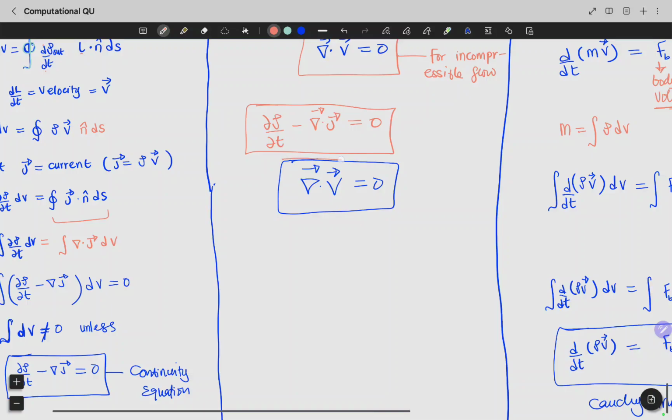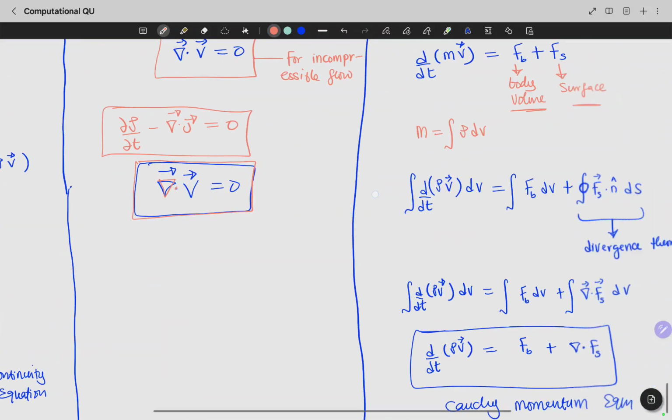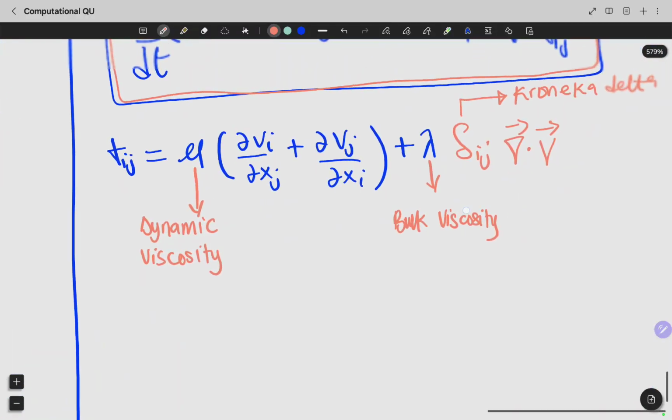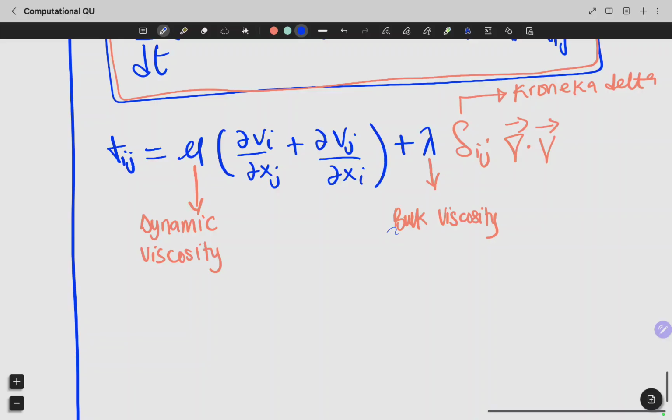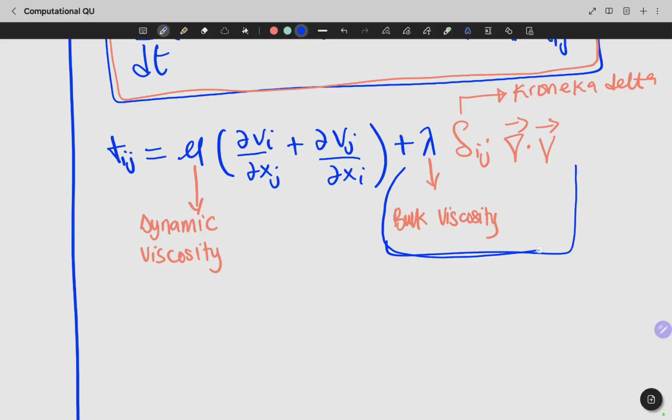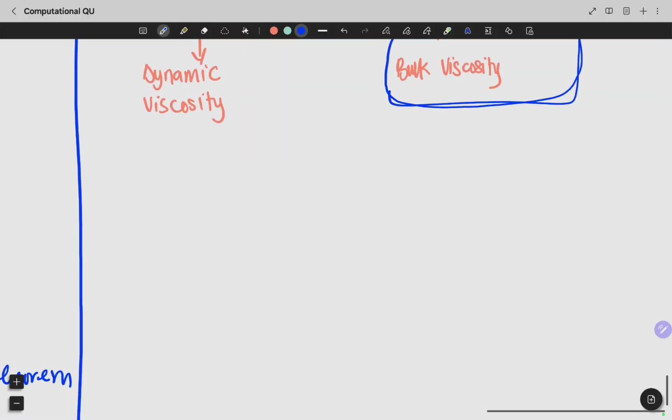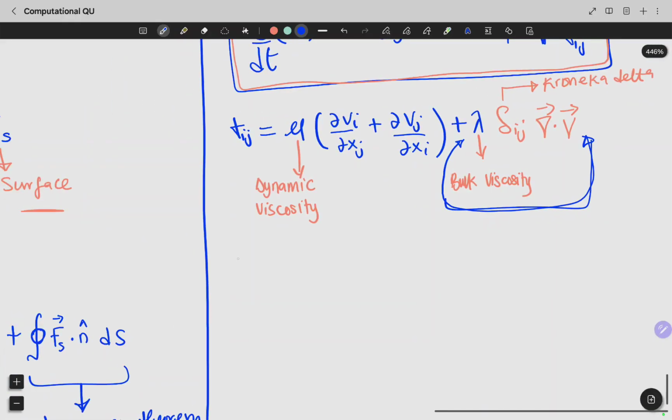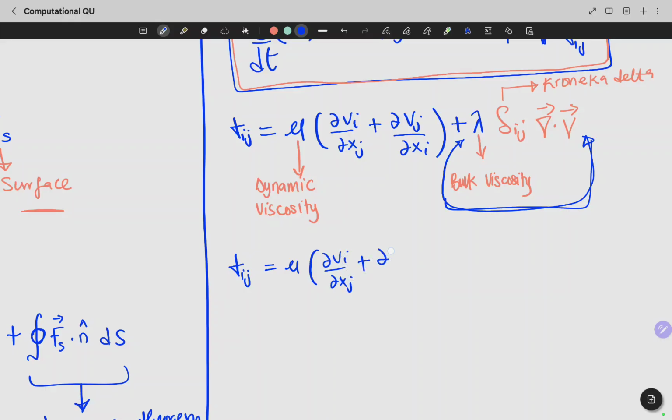You have to apply this equation, and when you apply it, you come to realize that this term will have to go, this term, and you end up with sigma ij. Let's write it here. Sigma ij equals mu (dvi by dxj plus dvj by dxi).